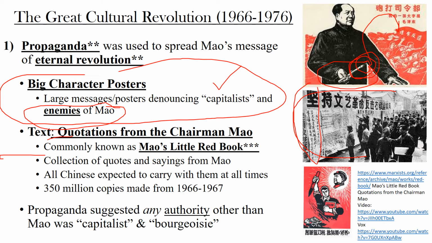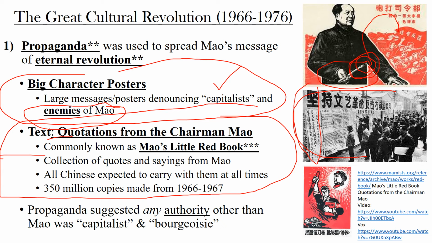Another massive propaganda machine was the Little Red Book. Mao starts mass production of this book called Quotations from Chairman Mao, also known as the Little Red Book. I do want you to start that. You really need to know this. This is a collection, supposedly, of quotes and sayings from Mao Zedong, and all Chinese were expected to carry it with them at all times and be able to quote from it off the top of their head.